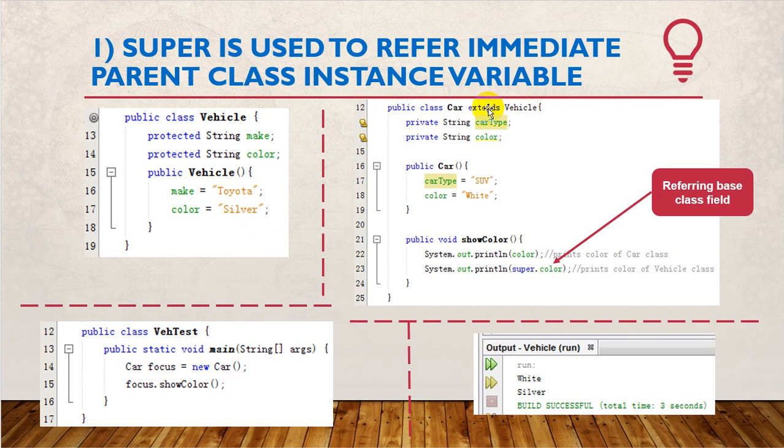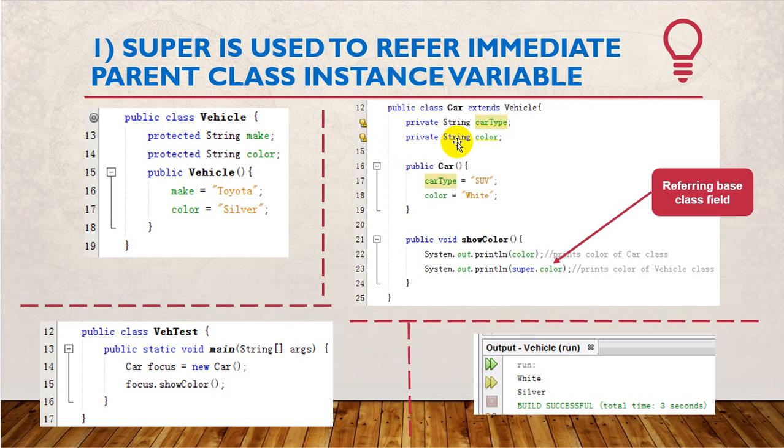Through that relationship, in the Car class we have two more variables that belong to the car type and color. As you can see, the color right here and here are the same, with the same syntax and the same data type, but this one is protected and this one is private.